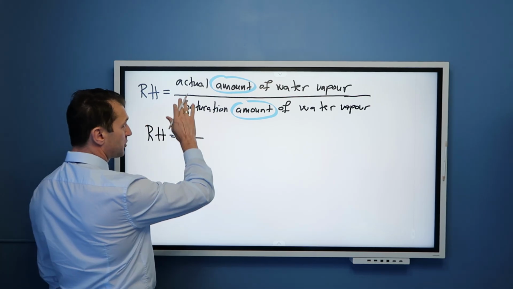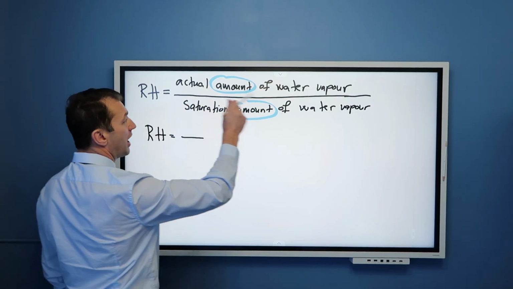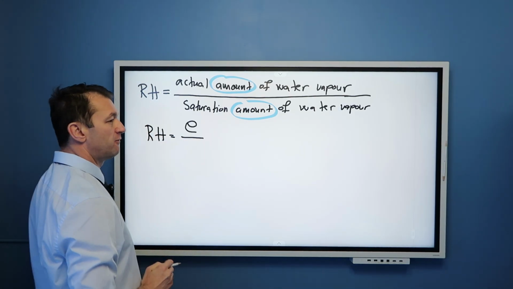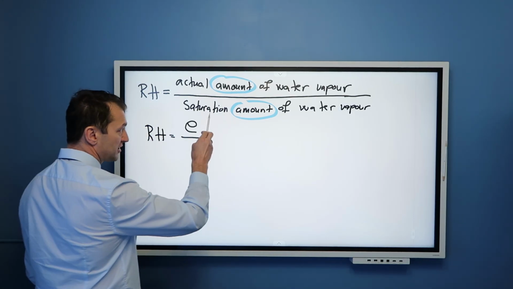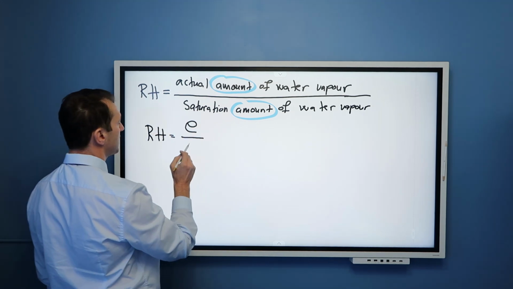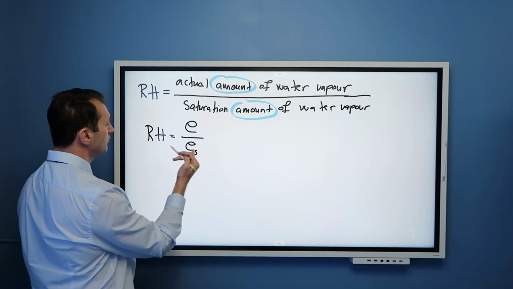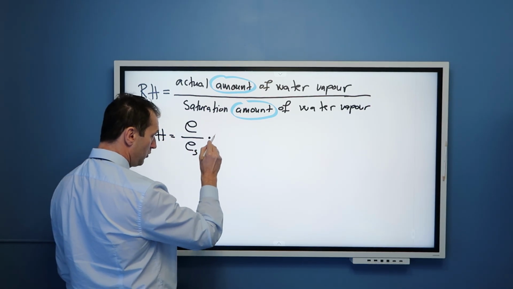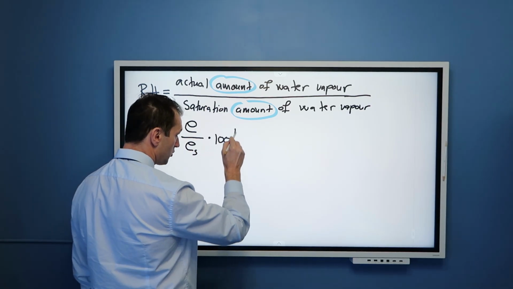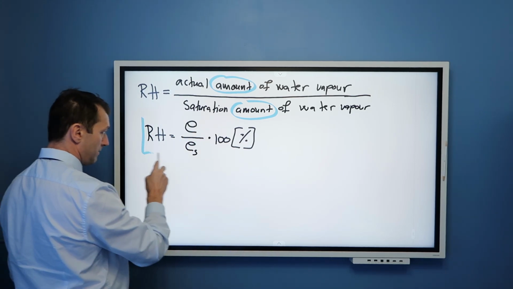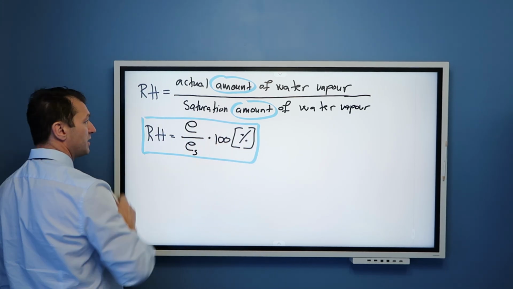Well, we have the option to describe the actual amount of water vapor using the partial pressure of water vapor in the atmosphere, and the saturation amount of water vapor we can describe using the saturation vapor pressure. So this would be relative humidity, and we often multiply this by 100 so that the results are given in percentages. That's the equation for relative humidity.